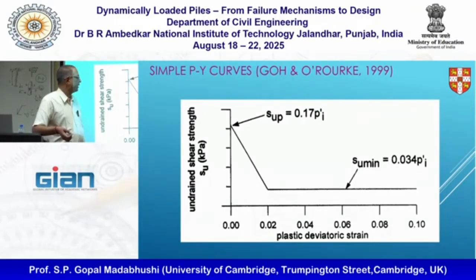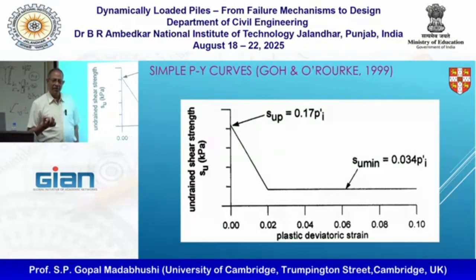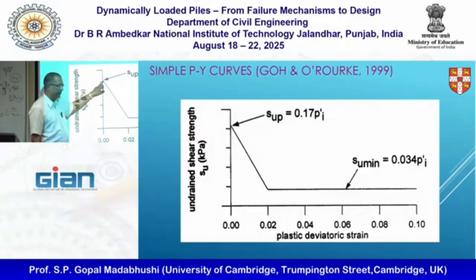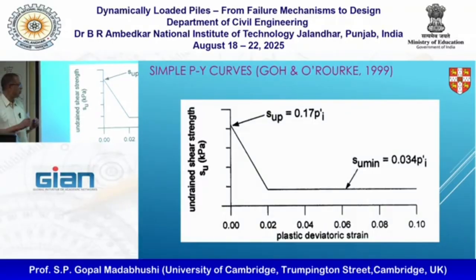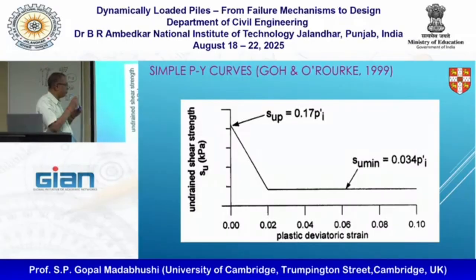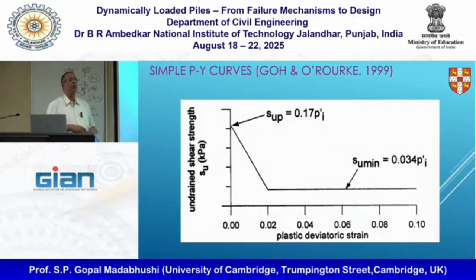Okay? So they also say it only takes 0.02% strain to drop from this peak value to residual value. Okay? So this is all like a nice recipe to work out how the pressure on the pile can be calculated, or how the lateral pressure can be calculated.